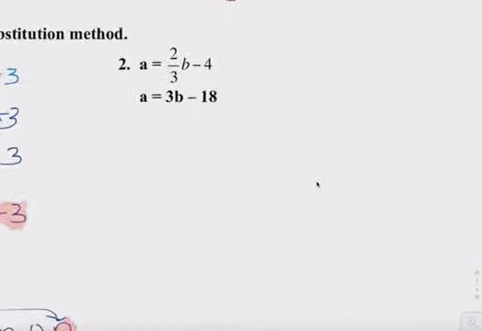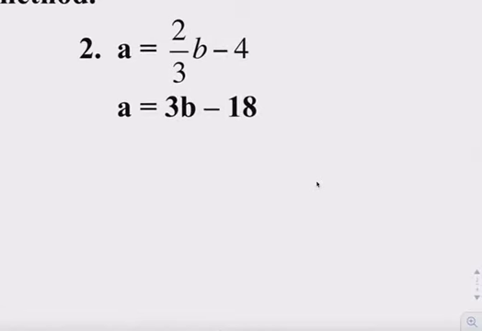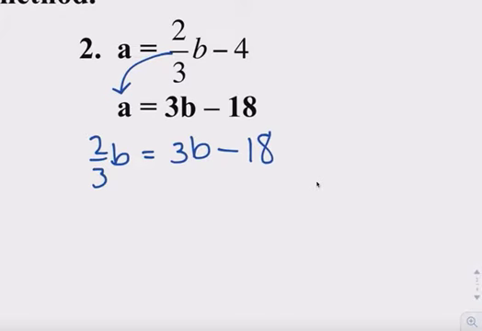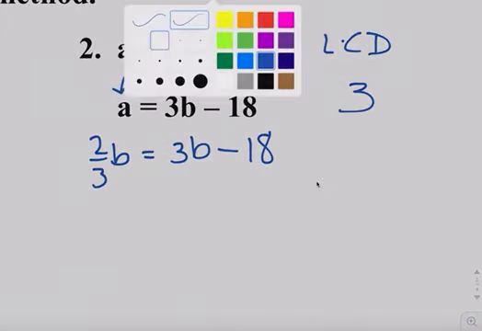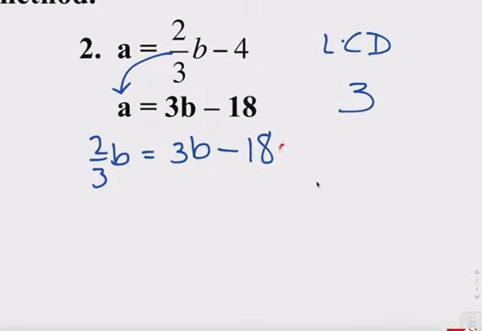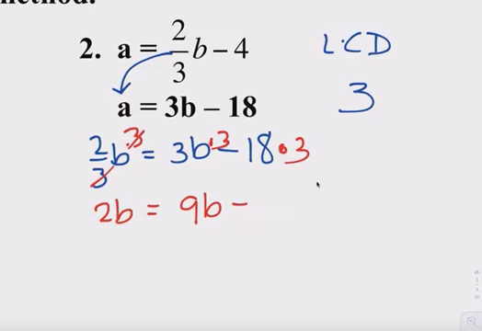Oh wow, I gave you a lot of fraction ones. Okay, substitute it in here. You get 2 over 3 b equals 3b minus 18. Least common denominator is 3, so I'm going to multiply all of them by 3. 2b equals 9b minus 54.